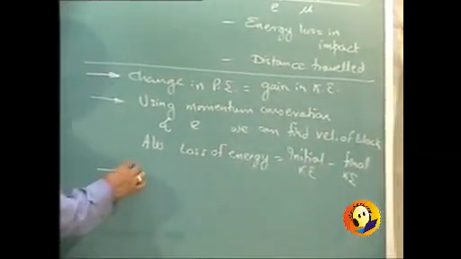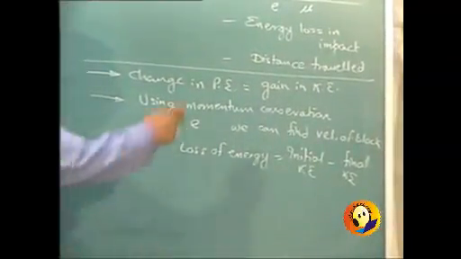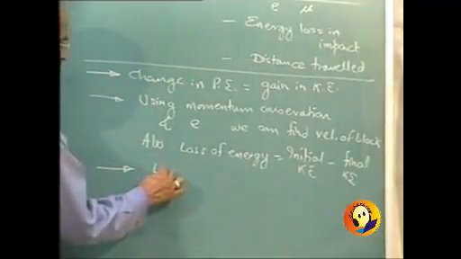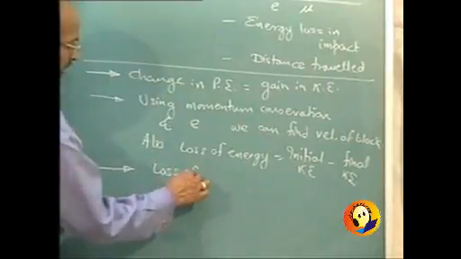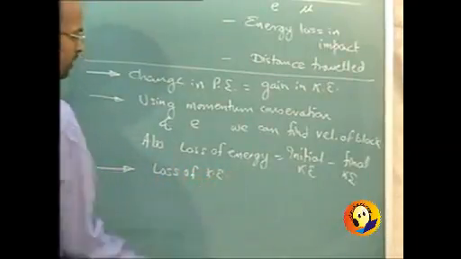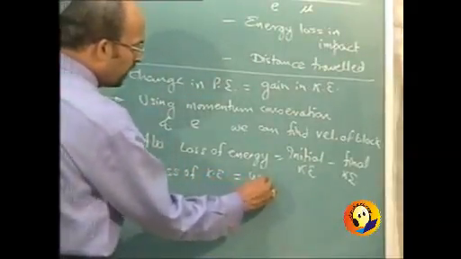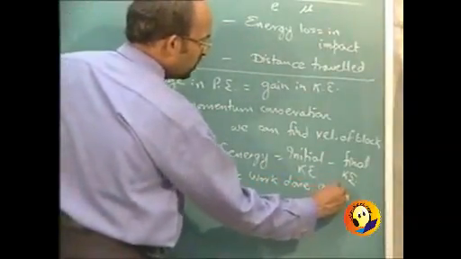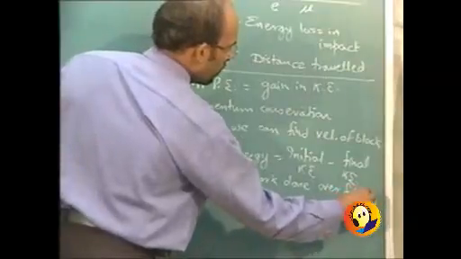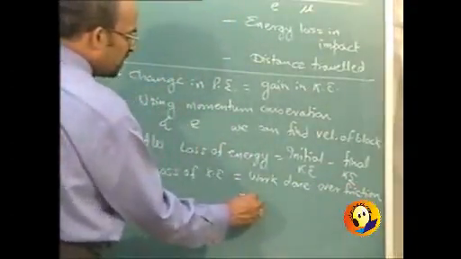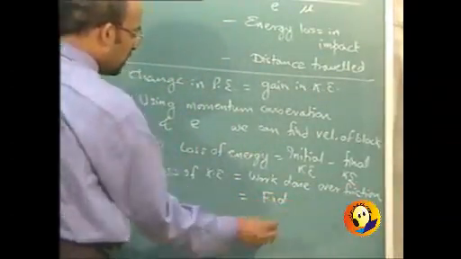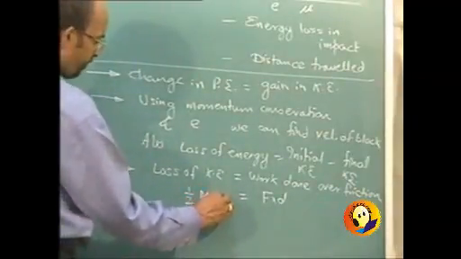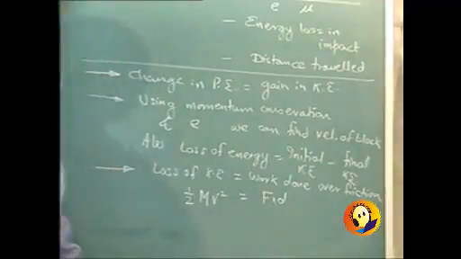The third part that is asked is the distance travelled. So we can say that loss of kinetic energy of the block is equal to work done over friction, and work done over friction will be the frictional force into distance covered, and this is going to be 1/2 capital M into V square.